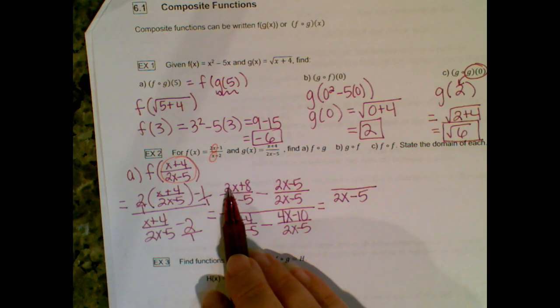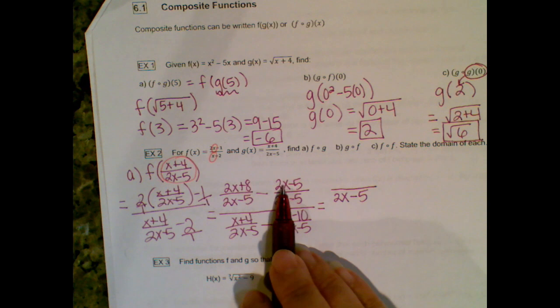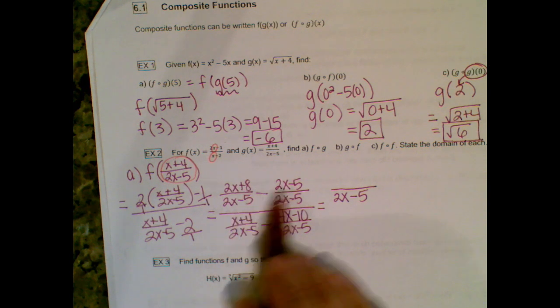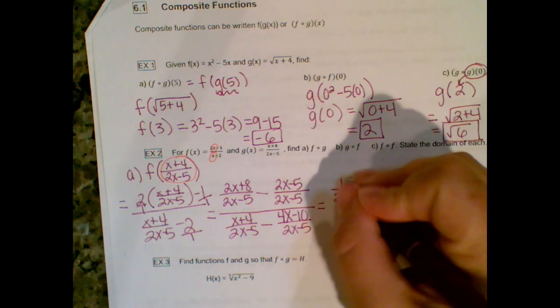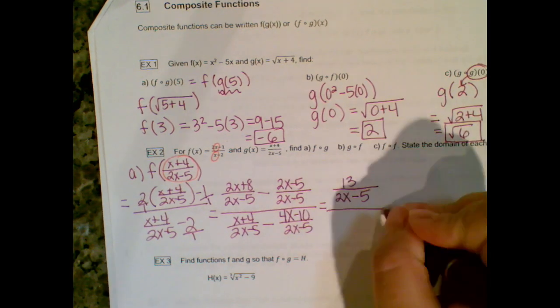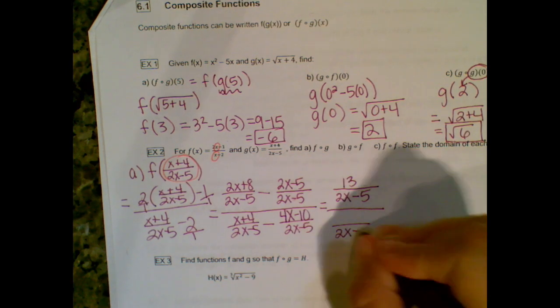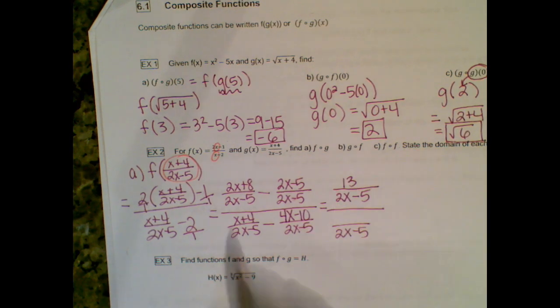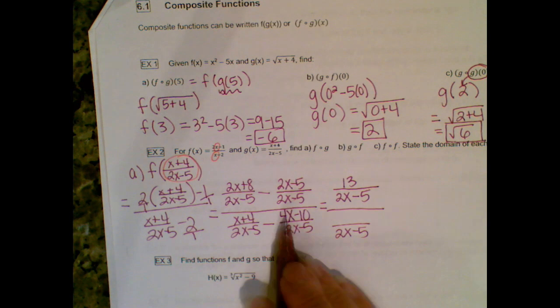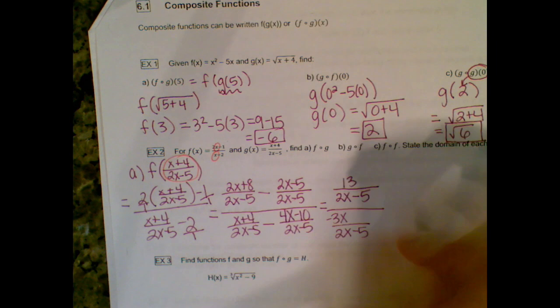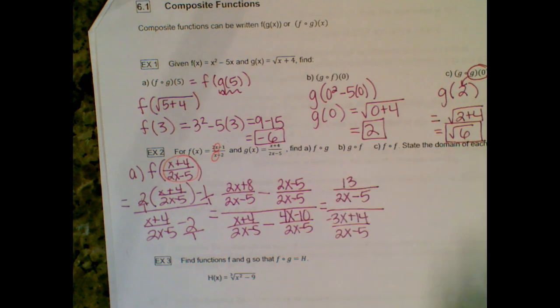So I have 2x minus 2x, which is 0. Then I have 8 minus negative 5, which is positive 13. I do the same thing in the denominator. They've already got the same common denominator. So I do x minus 4x, which is negative 3x. 4 minus negative 10 is positive 14.